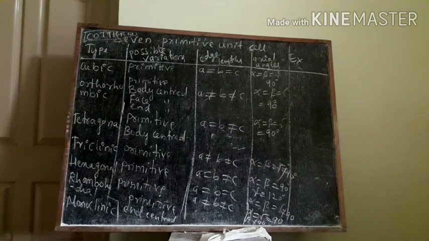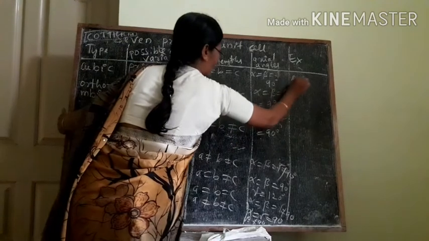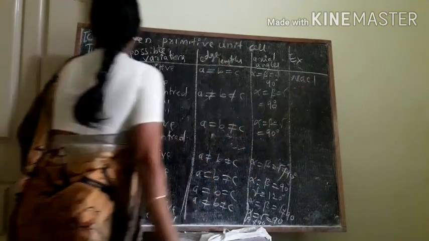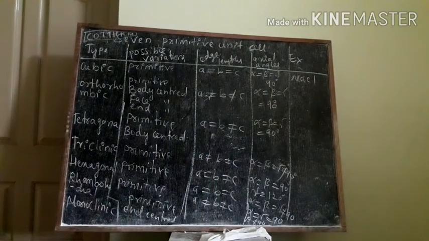So better you take one example for all these 7 classes. Cubic: sodium chloride, NaCl. Orthorhombic: BaSO4. Take one example. Then tetragonal: calcium sulfate.